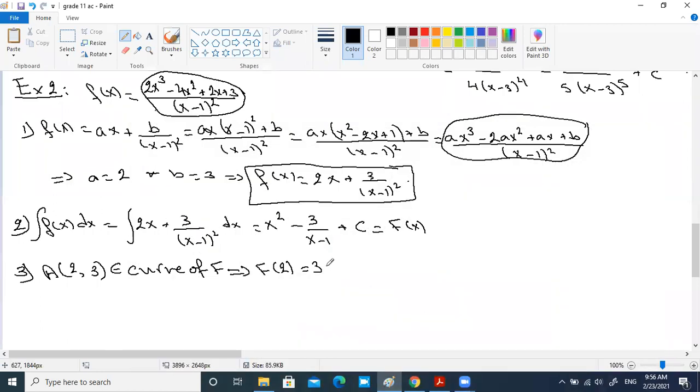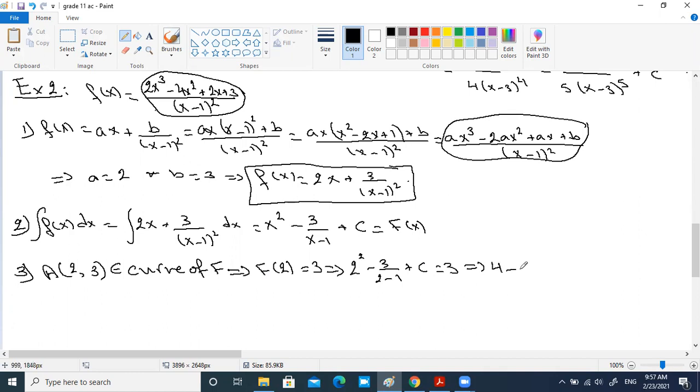This means replace x by 2 in the antiderivative we found. So 2 squared minus 3 over 2 minus 1 plus c is equal to 3. Then solve this equation to find c.